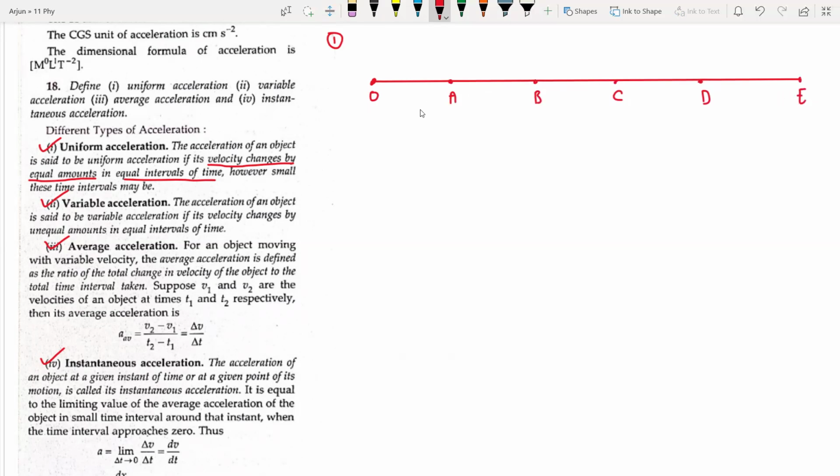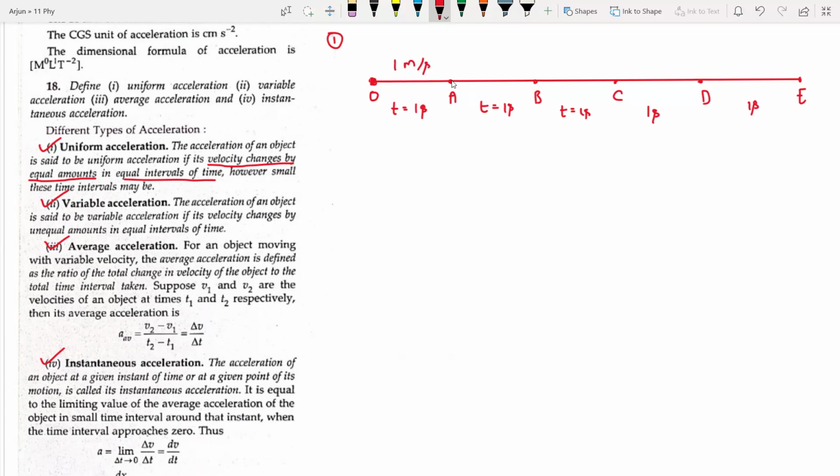From O to A, the body takes some time, let us consider 1 second. Again from A to B, it takes the same time, 1 second. B to C, it takes 1 second. In the same way, on every path it takes 1 second. Now the body is traveling from O to A with some speed, consider 1 meter per second.